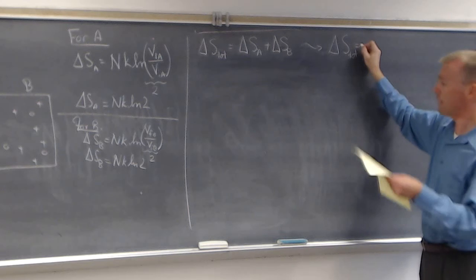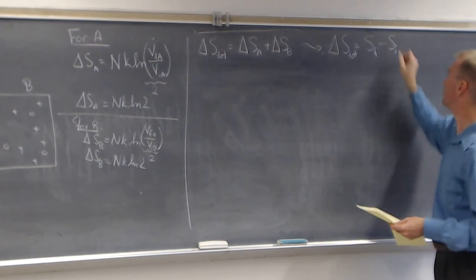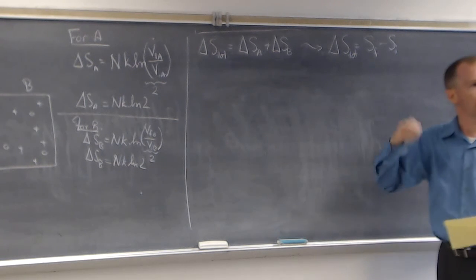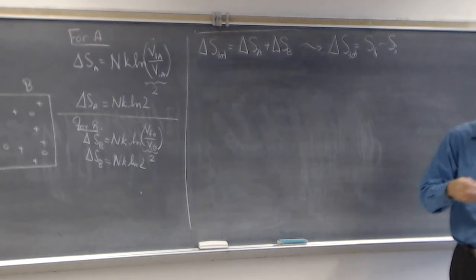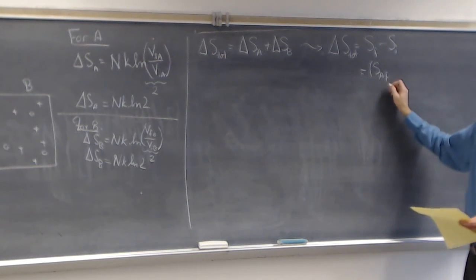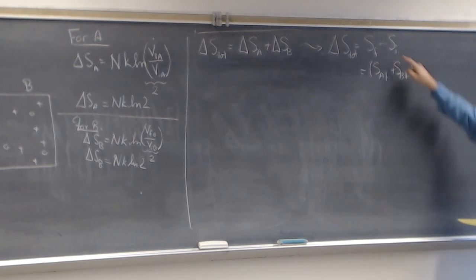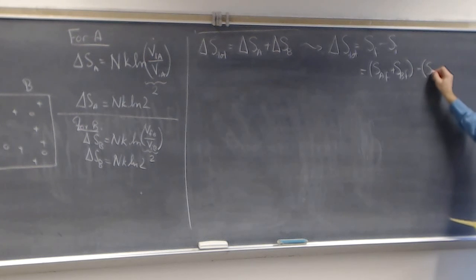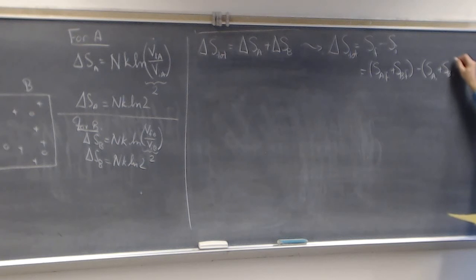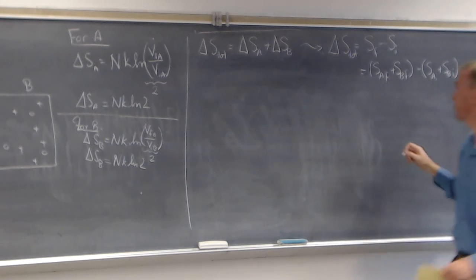Delta S total is S final minus S initial. S total is SA plus SB. So S final is SA final plus SB final, minus S initial, so it's minus SA initial plus SB initial. I distribute the negative sign.